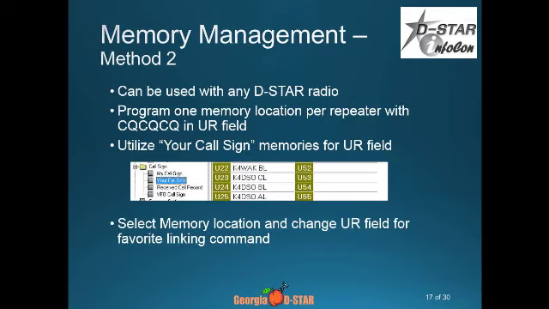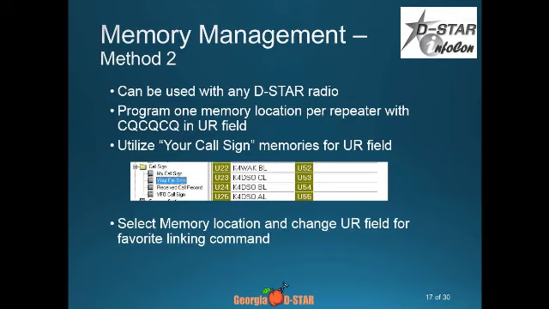So you can then, and the menus are different, so I can't go into all of the details on them. But if you go menu, and then I think it's call sign, you'll see the UR field, and you can rotate the knob, and you can have those favorites all programmed in there.